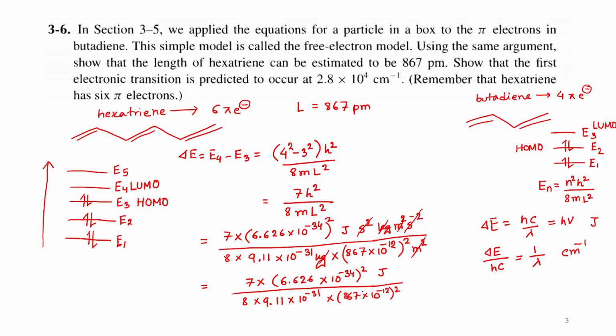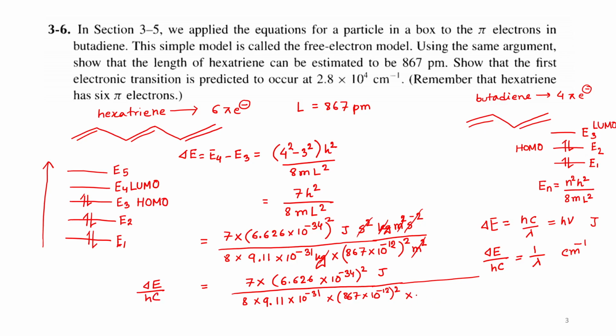So what I am going to do is divide this whole factor by hc so that I will get the answer in terms of centimeter inverse. So right now, delta E divided by hc.